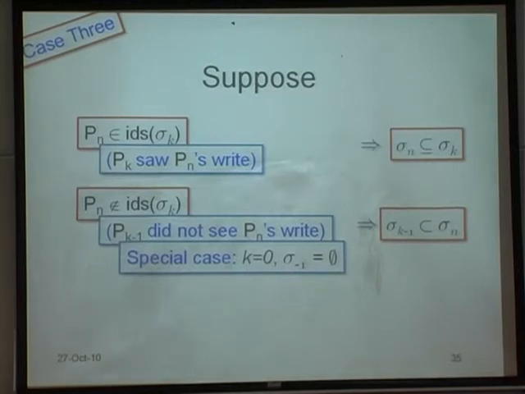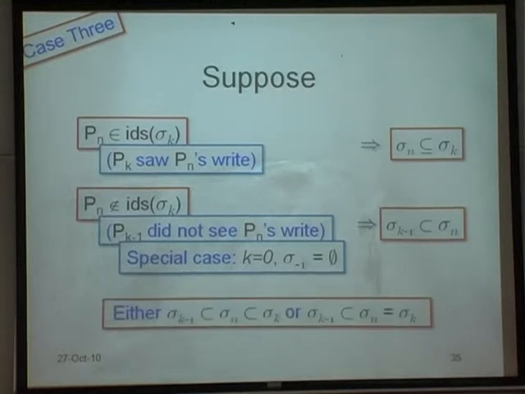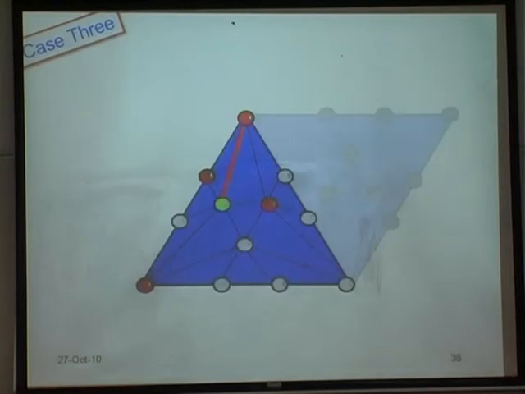That's what it means to not see it. So we put these together. We have two choices. Either the inclusions are strict, or this inclusion is equality. Those are the only possibilities given our definition of how the thing is constructed, which is promising because we want to show that there are two possible views P sub n could have had.